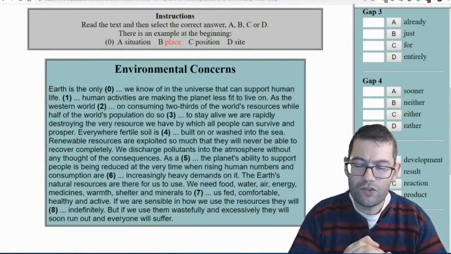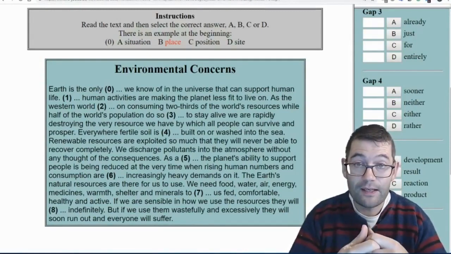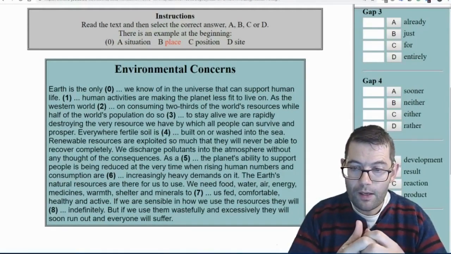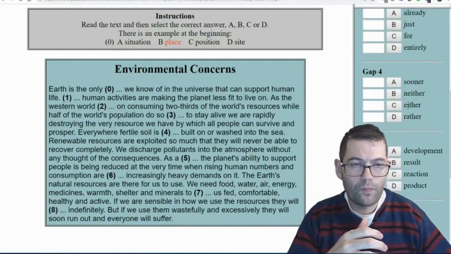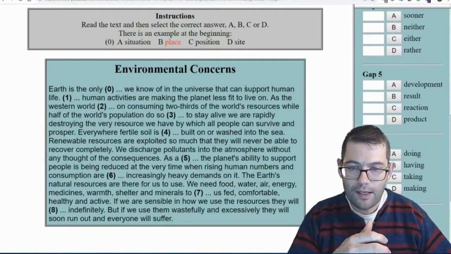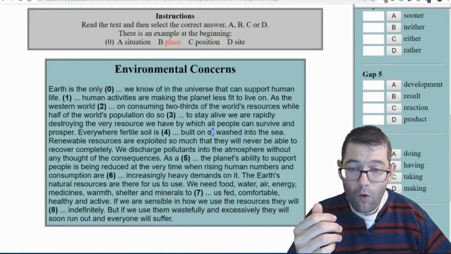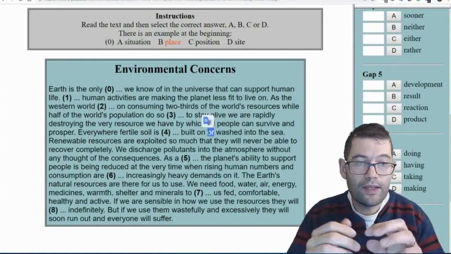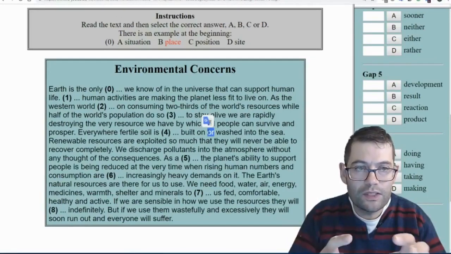On to number 4. We are rapidly destroying the very resource we have by which all people can survive and prosper. Everywhere fertile soil is... Now, what's the key word here to get the correct answer? The key word for question number 4 is or. So we've got to think of one of the answers which works with or.